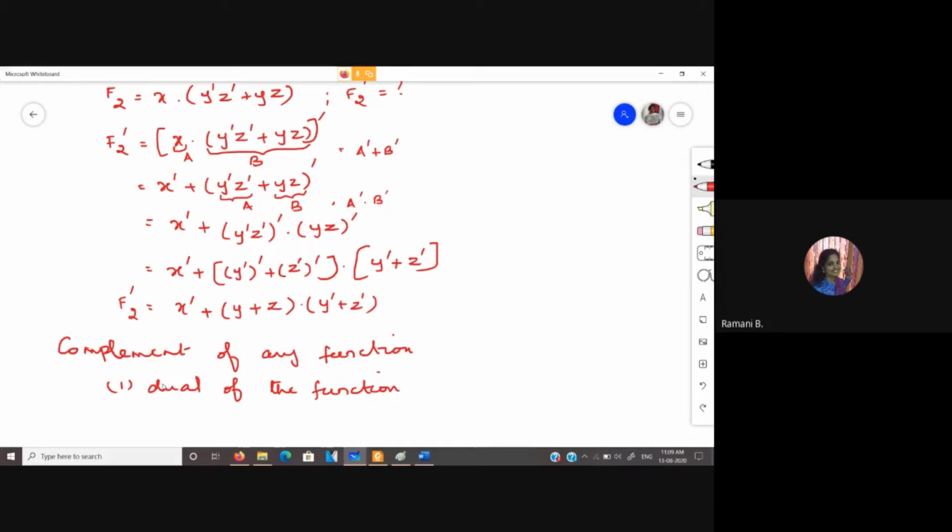What is the dual of the function? We will be interchanging zeros and ones and the OR and AND operations.